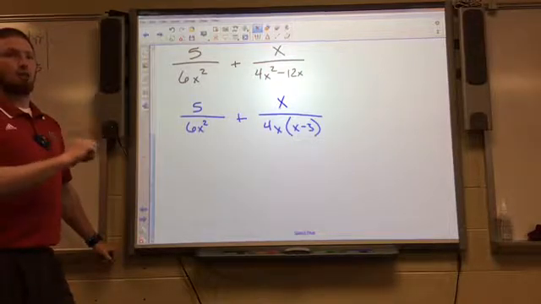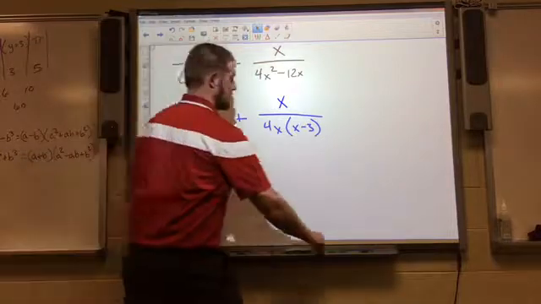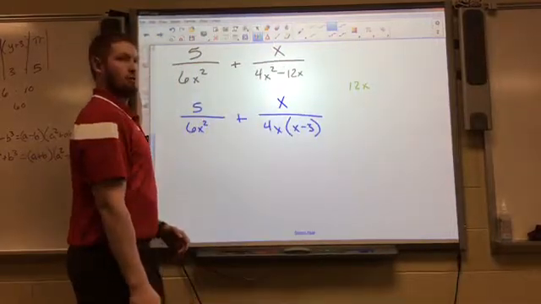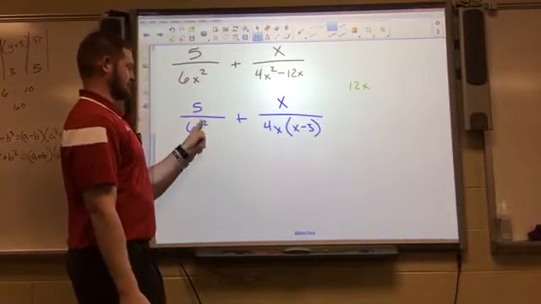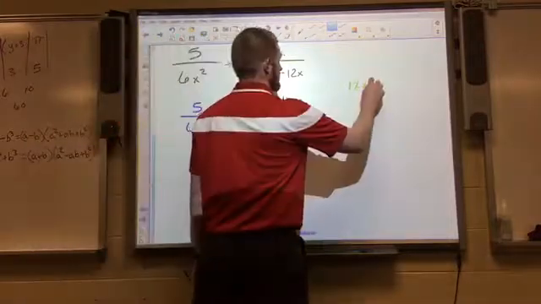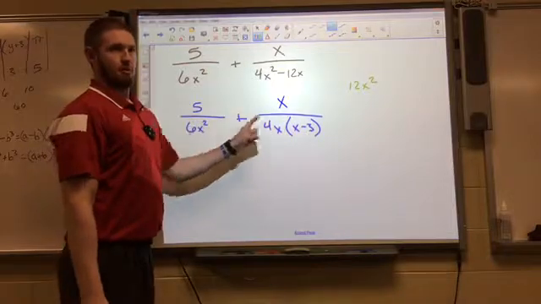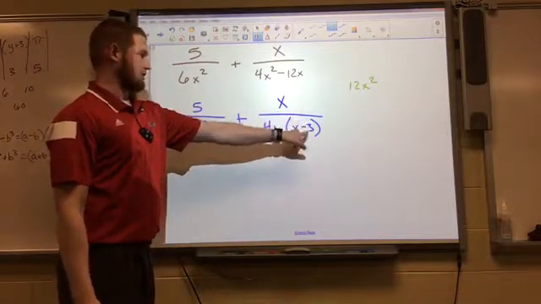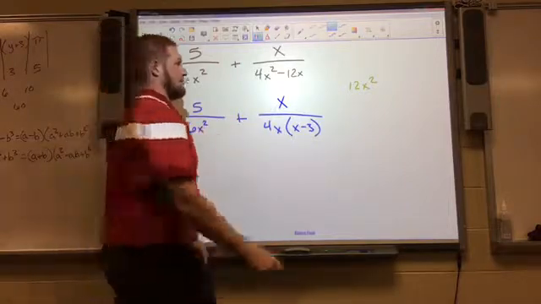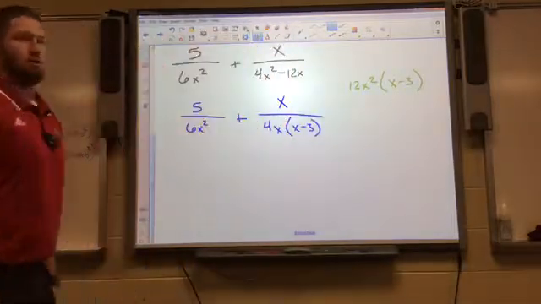When you're finding common denominators, everything has to go up or stay the same. 12x what? Squared. I can't change that x squared into an x. I'm going to have to change that x into an x squared. So I have 12x squared. I'm also still going to need this x minus 3, because it's over here, but it's not over here. So if I just put it on both sides, then I'll have that as my common denominator.